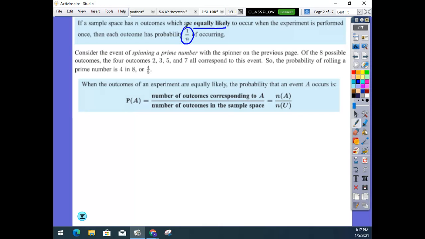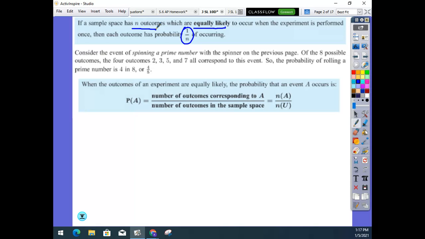Think of it as if you flip a coin, it's equally likely to get a head as a tail, that would be 1/2. If you roll a die, it's equally likely to fall onto one of the 6 sides, so that'd be a 1 out of 6. So if there are n outcomes, then it's 1 out of n.